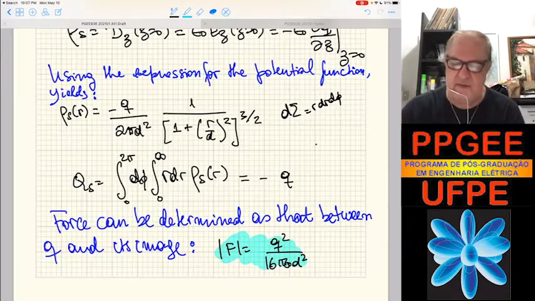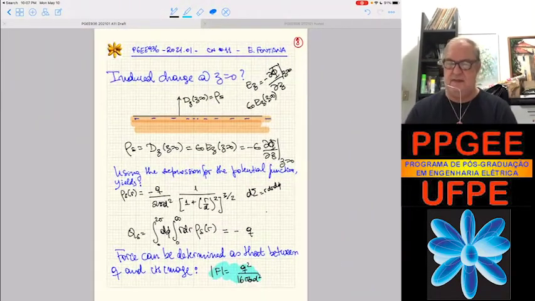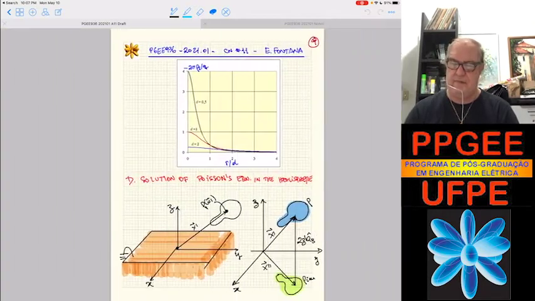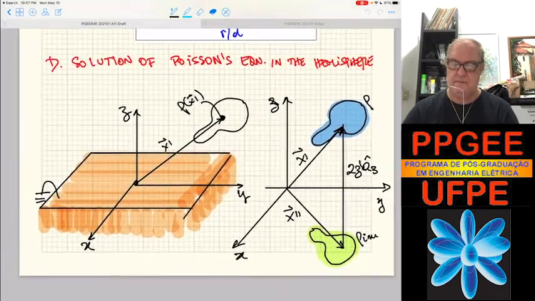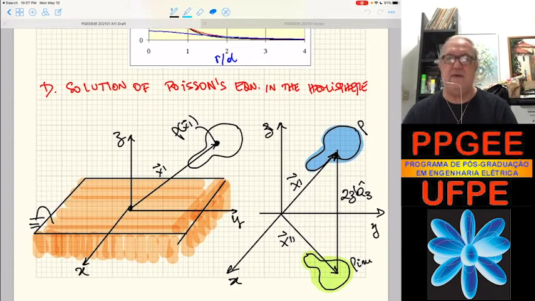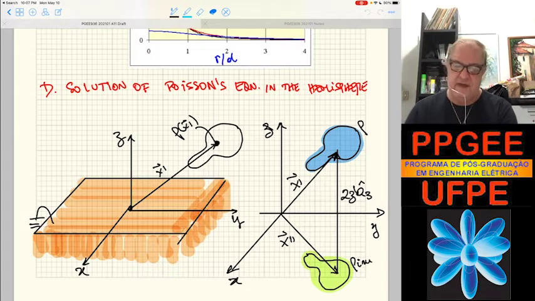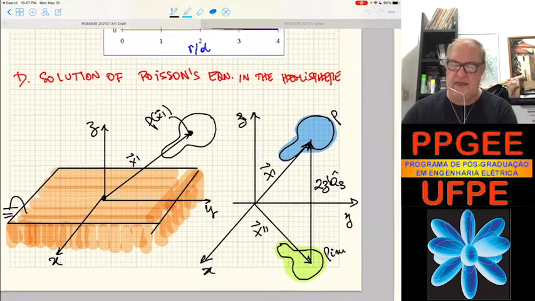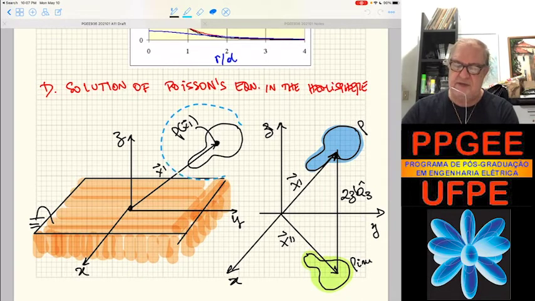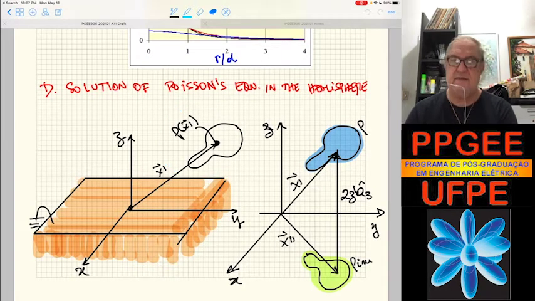Let's move a little faster. Now we can solve Poisson's equation for any problem involving an arbitrary charge distribution in the upper half-space for a grounded surface at z equals 0. Suppose that we have a charge distribution like this, right?